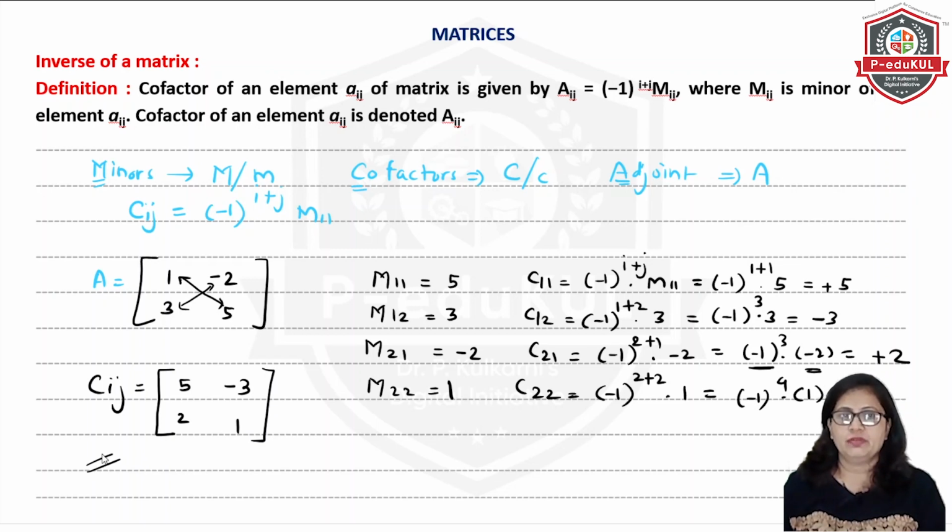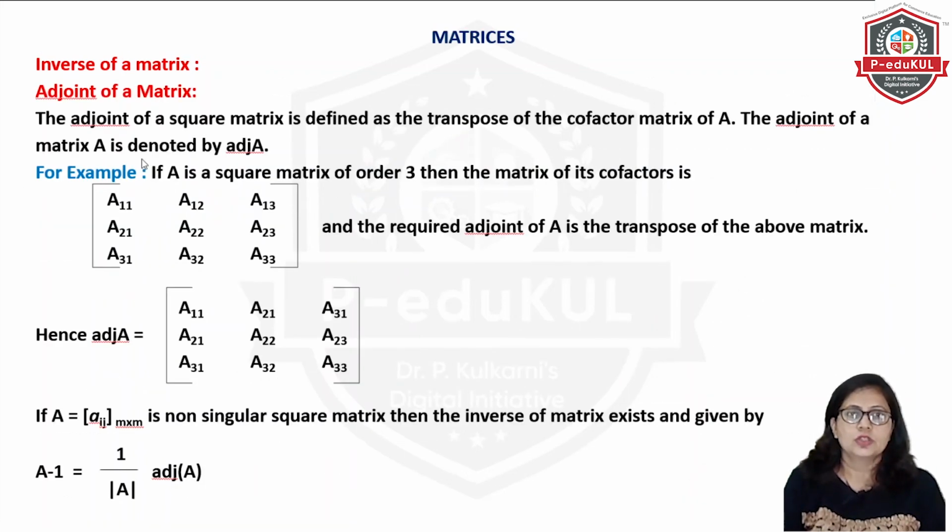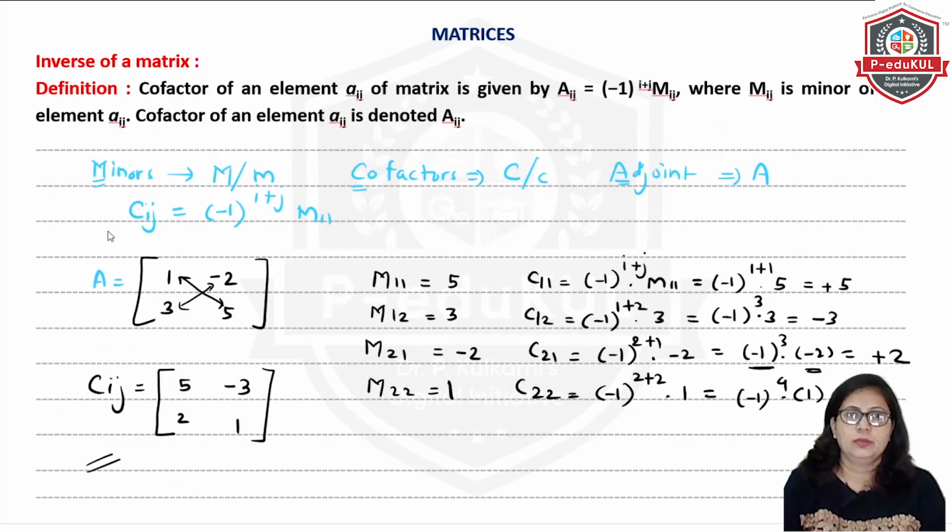In 2.5 we have different examples on this, and these concepts we need for solving the adjoint method of matrix inverse. So now let's see the inverse of a matrix, which uses the adjoint of a matrix. The adjoint of a matrix is defined as the transpose of the cofactor matrix of A. अब यहाँ पे देखो, ये हमने कोफैक्टर का मैट्रिक्स लिख दिया है यहाँ पे. इसका ट्रांसपोज मतलब क्या?